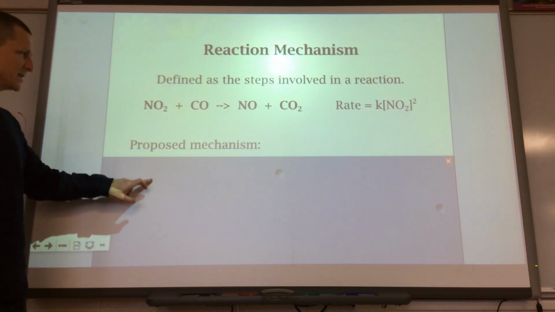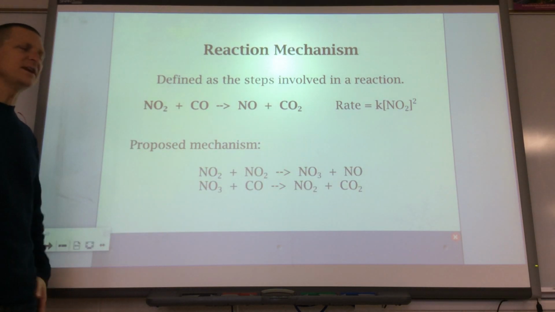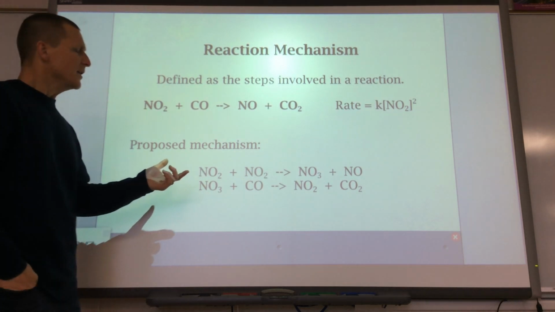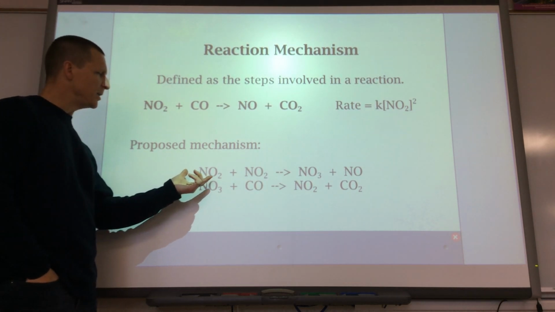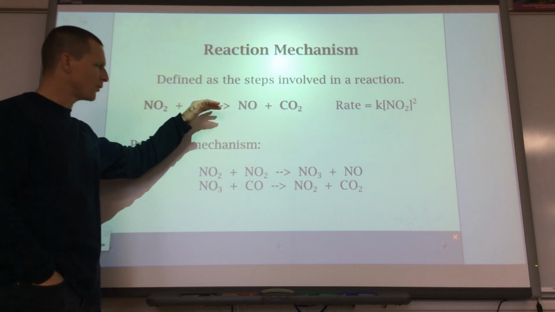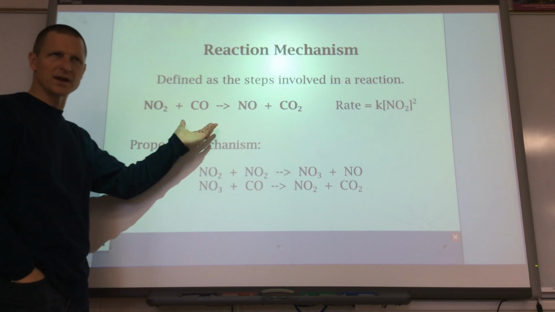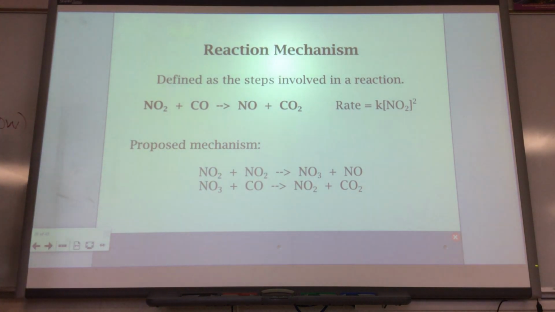One proposed mechanism would involve these two steps happening. We think this would be valid because they add up to the overall equation. And as long as the first step is the slow step, that would reflect the observed rate law. So you would have it squared because why?